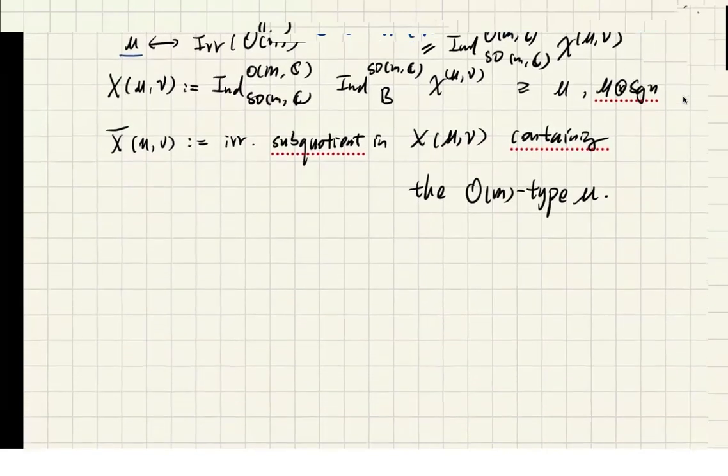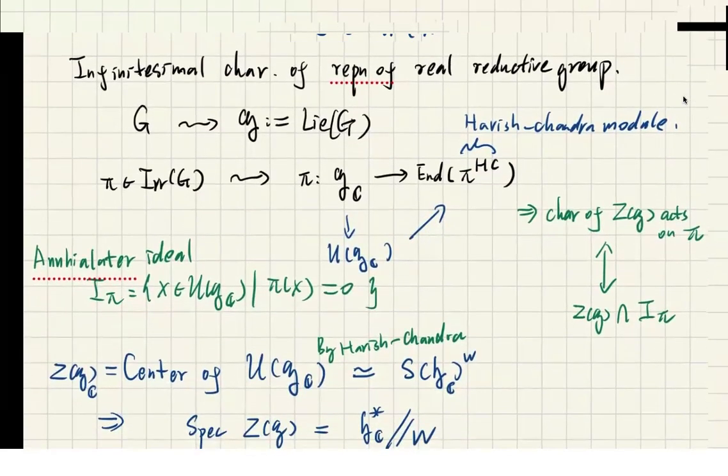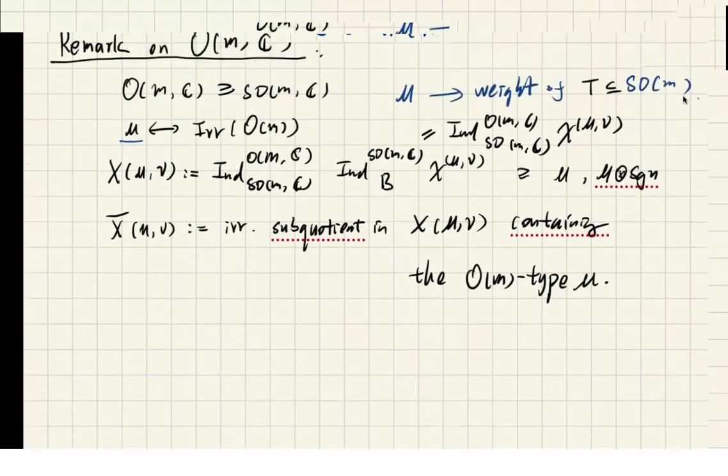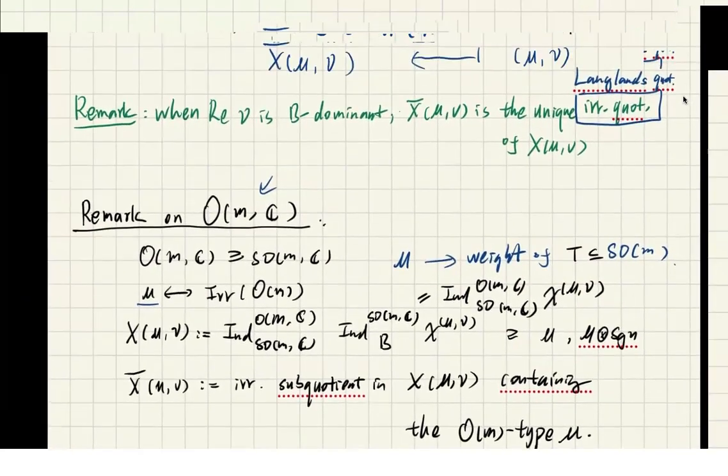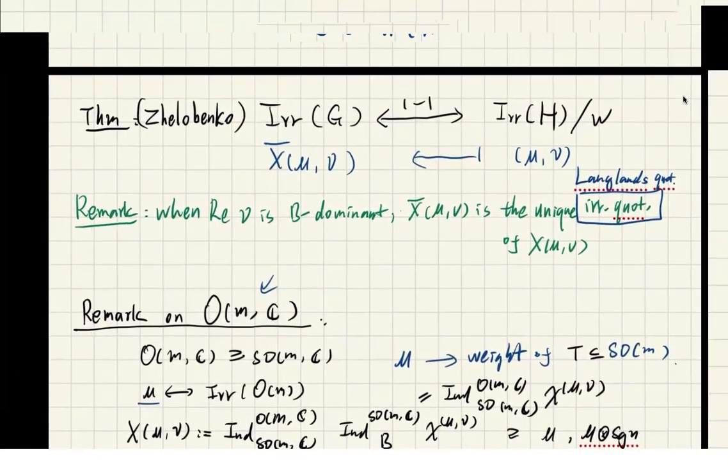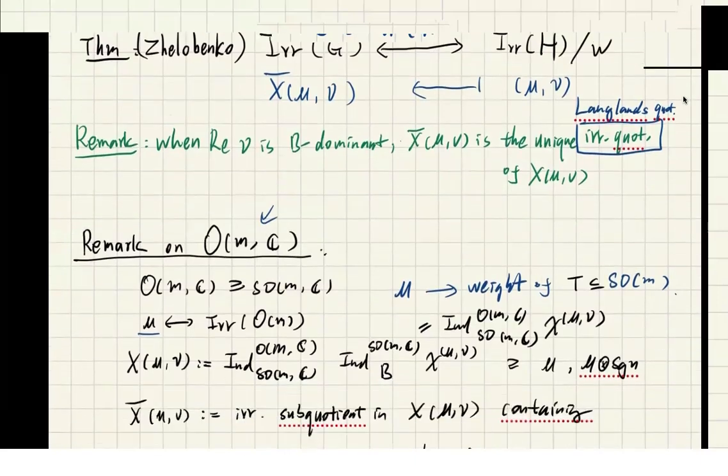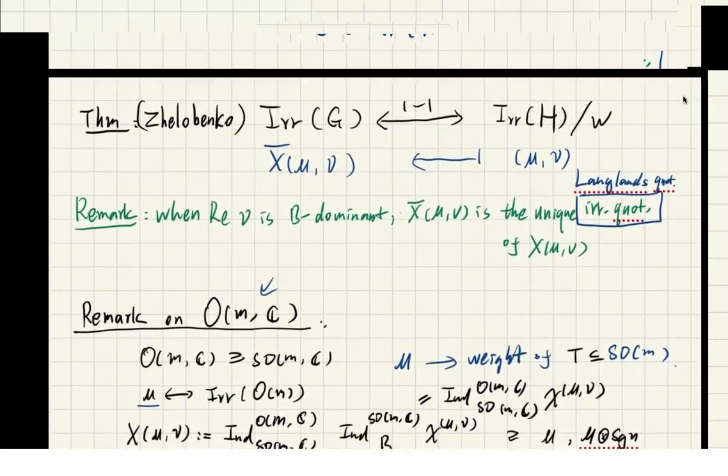Then after that, we can start. What we have to do is we still have one ingredient left, which is the correspondence of infinitesimal character.